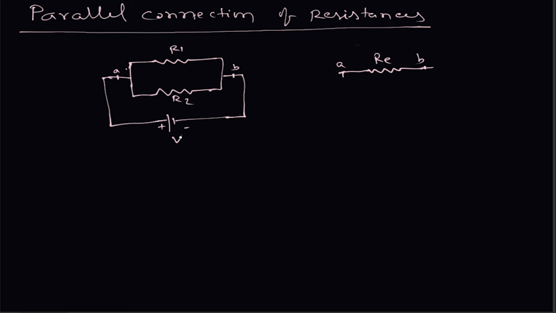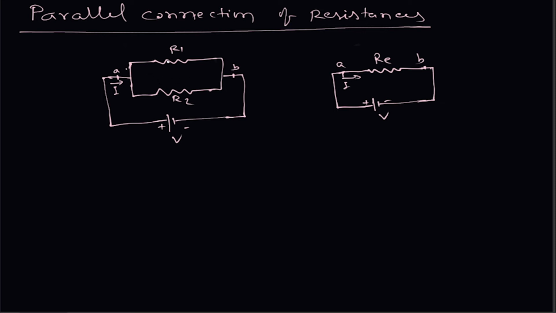That means when the voltage V was connected in this circuit, current I was flowing. After replacing with Re, the same voltage source is connected, and the current that will flow is I. So now we have to find this Re. What should be the value of Re?